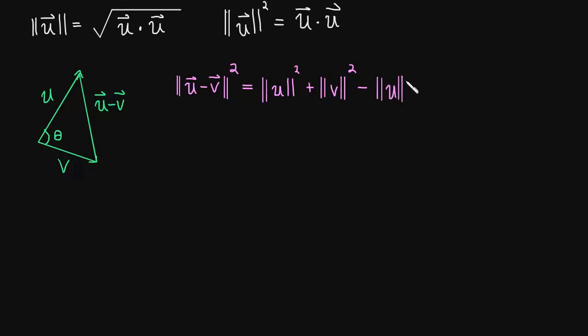I know these length symbols get really tedious, but I'm just going to keep going with them here. So minus the length of u times the length of v times the cosine of the angle between them.